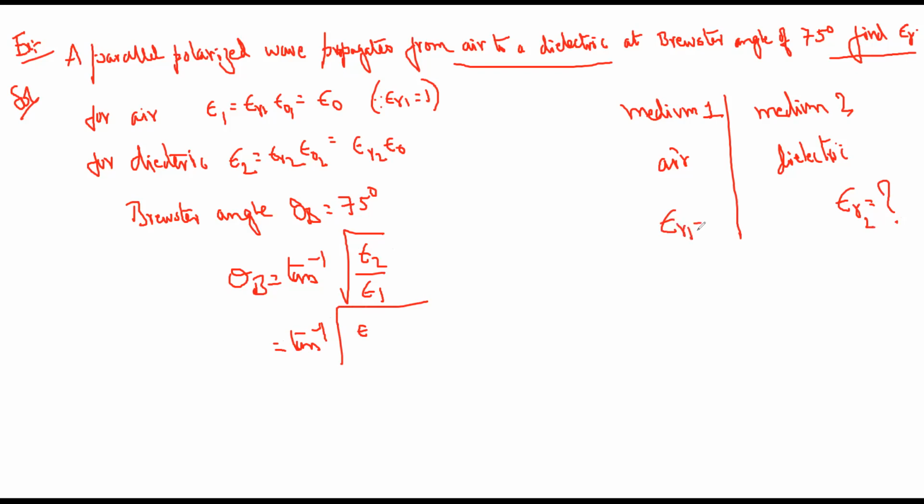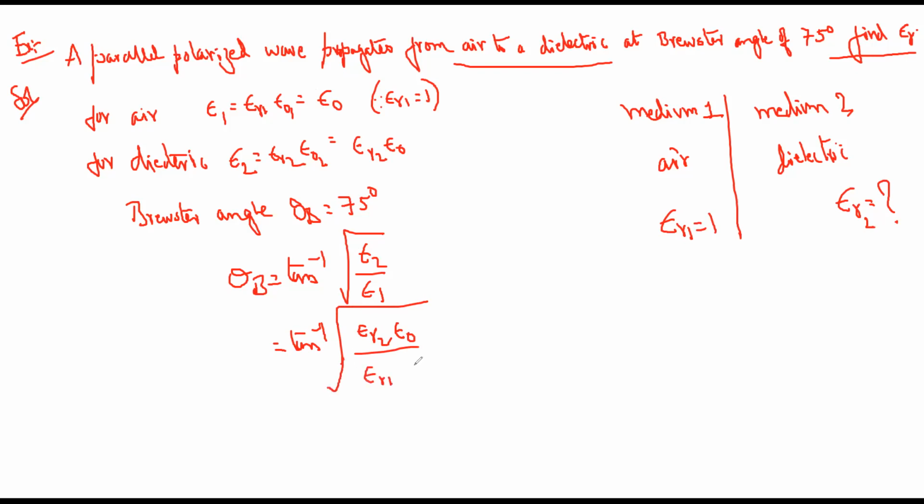Epsilon r1 is equal to 1 because it is air, free space. So epsilon r2 and epsilon naught, divided by epsilon r1 and epsilon naught 1, which is 1 only.